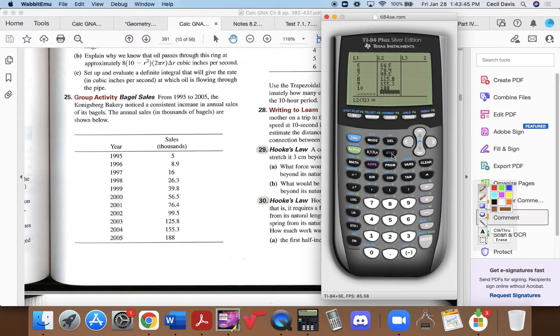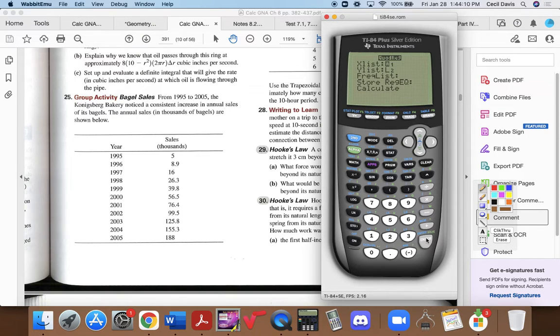And then you go back to Stat and tell it to calculate, and you just go down to the quadratic regression. And I have my X values in L1, I have my Y values in L2. There is no frequency list. That sometimes comes up.